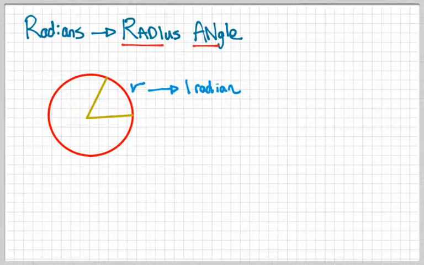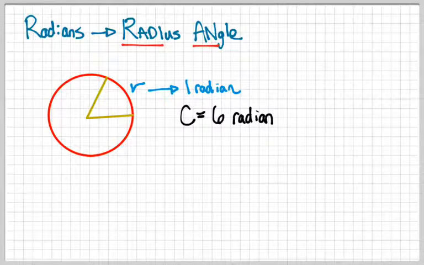And in class, we ended up discovering that to fill up the circumference, it took about 6 radian lengths to get around. And actually, this was a little bit more than 6. So we can change the symbol to approximately, a little bit over 6 radians.